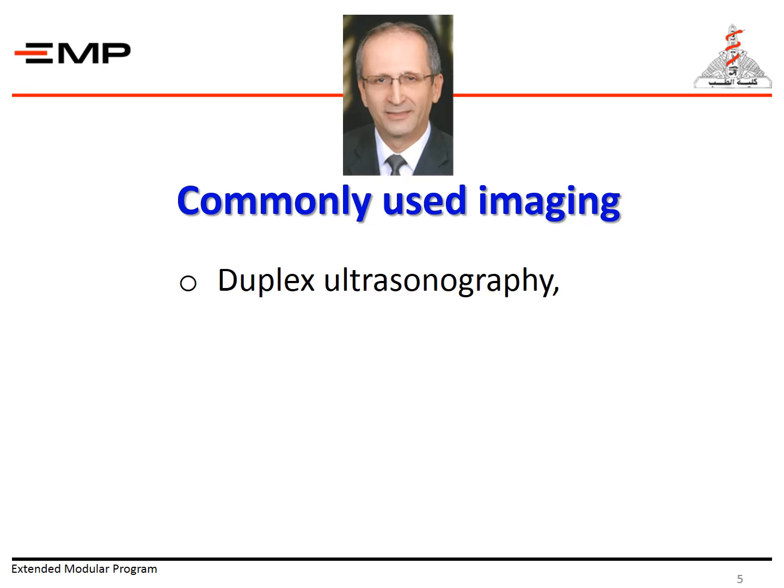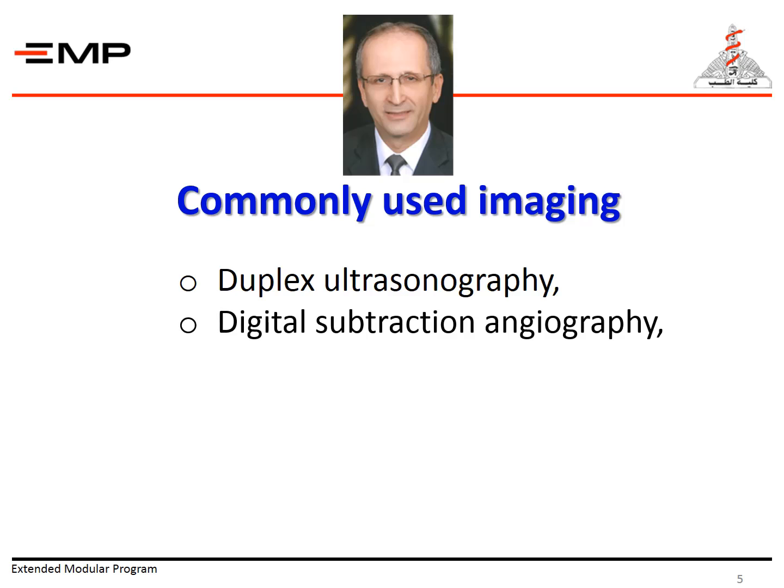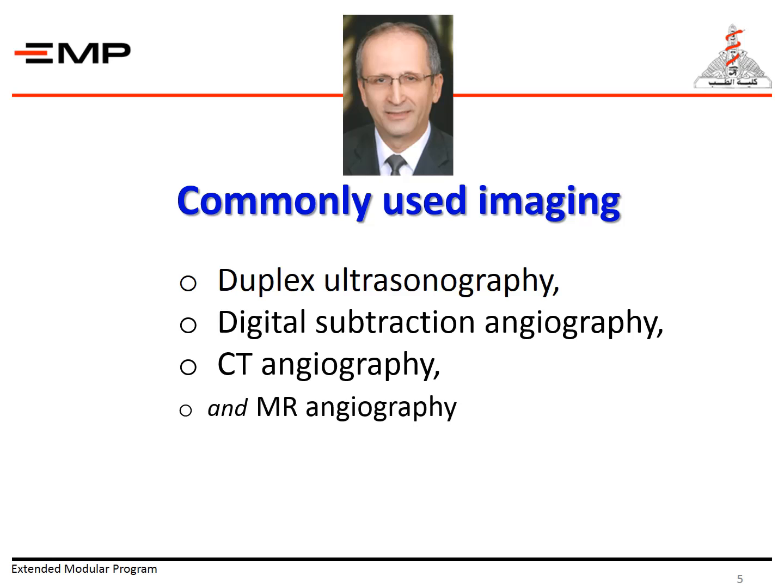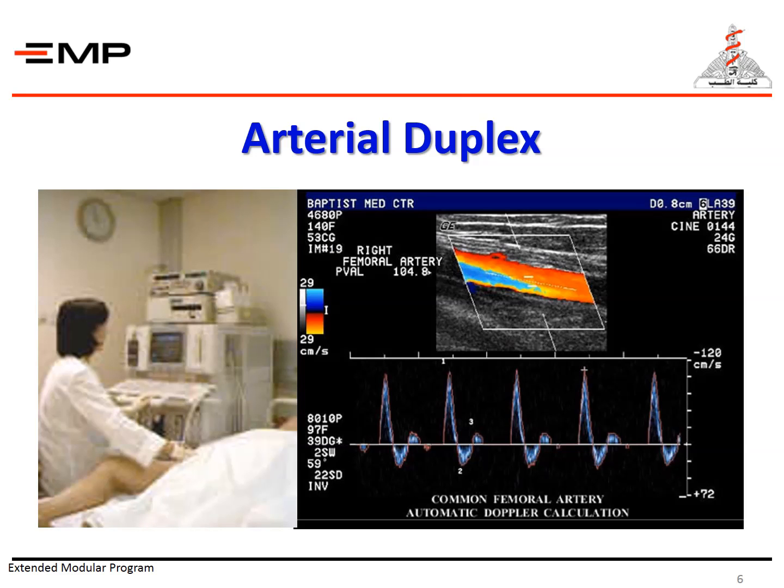Commonly used imaging investigations to visualize the arterial tree include duplex ultrasonography, digital subtraction angiography, CT angiography, and magnetic resonance angiography.